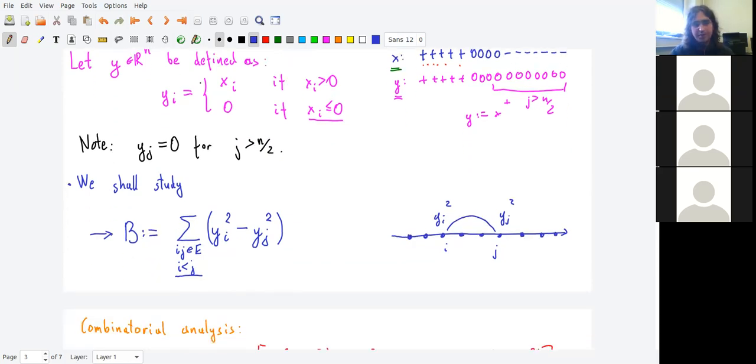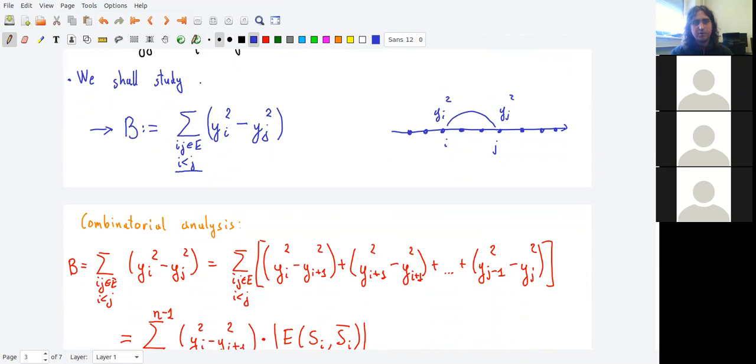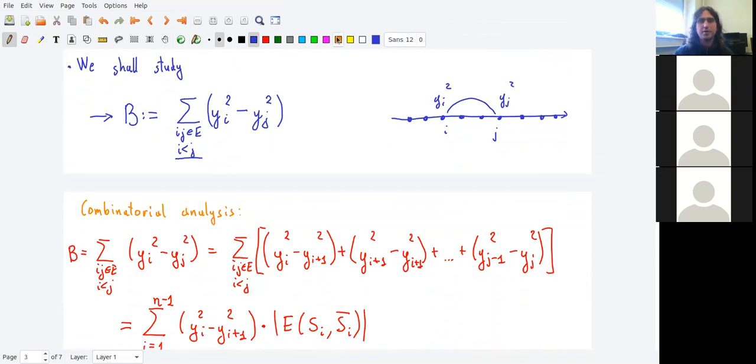Good. So let's first look at B combinatorial. Let's make a combinatorial analysis of how to rewrite B in a nice way. First of all, if I sum up these terms, I can rewrite this yi square minus yj square into a telescopic sum. Maybe I will draw this arc a little bit longer, and maybe j is here.